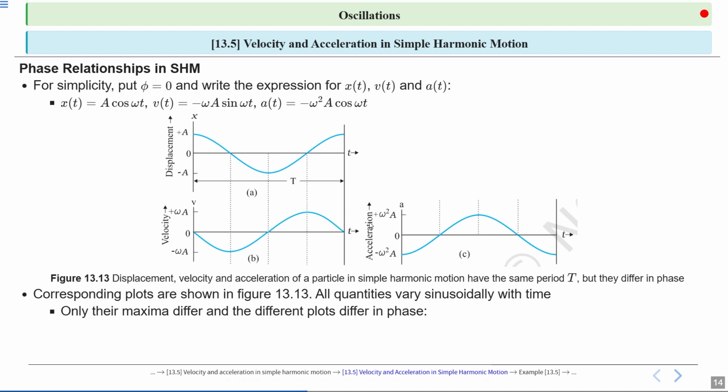For example, when displacement is at its maximum, velocity is 0 and acceleration is at its maximum in the opposite direction. So here in figure A, this is the maximum. Here in B, the maximum is this point, and in C, this one.